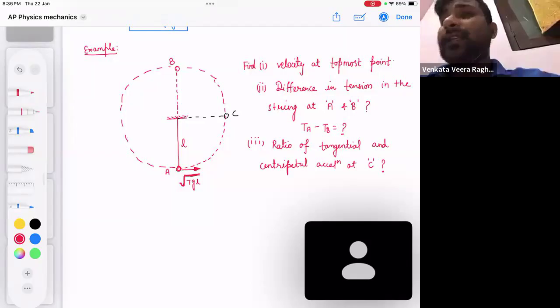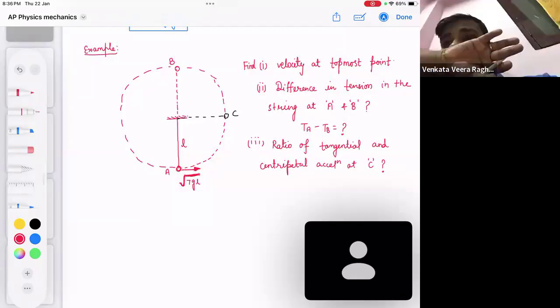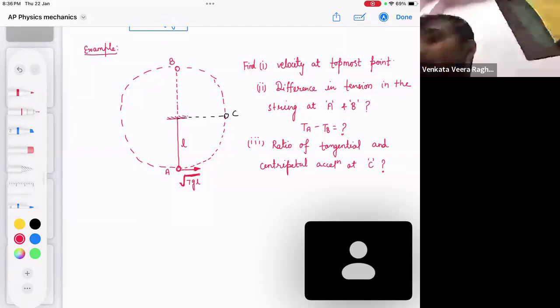Please try these three things. Please tell me what is the answer of these three things coming to us. Here you are going to learn almost everything about the vertical motion question.